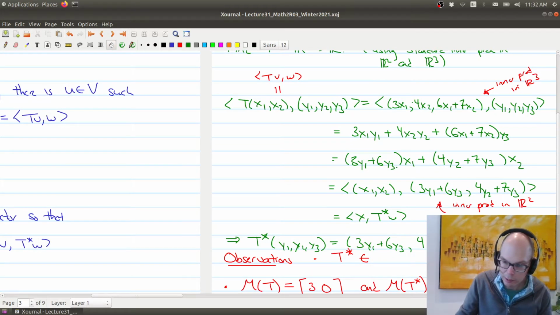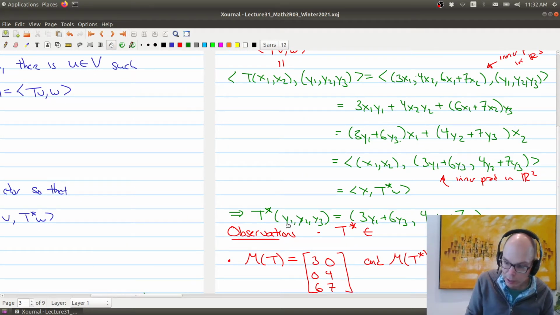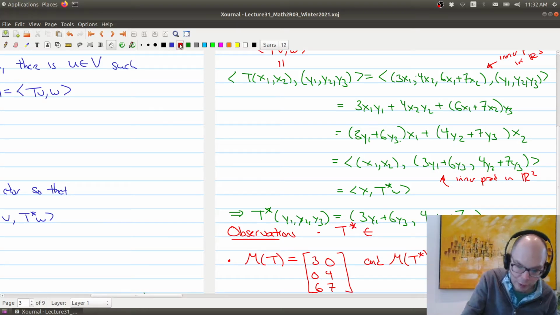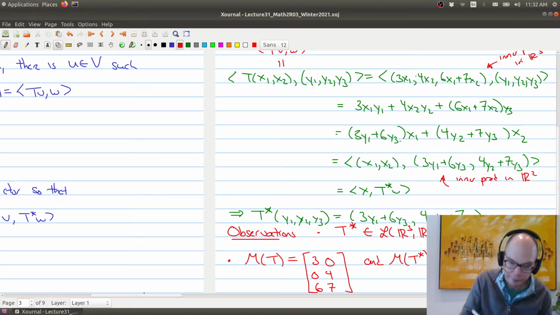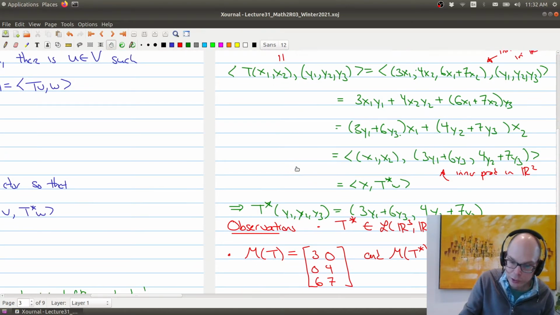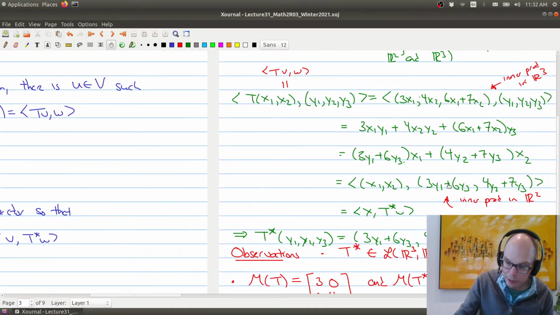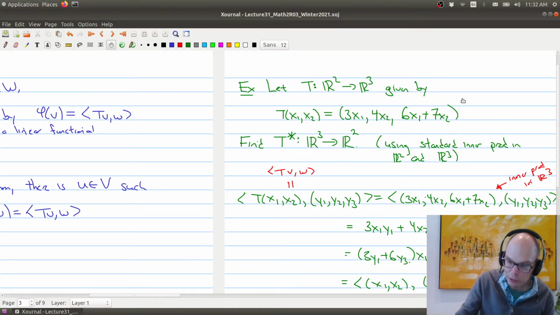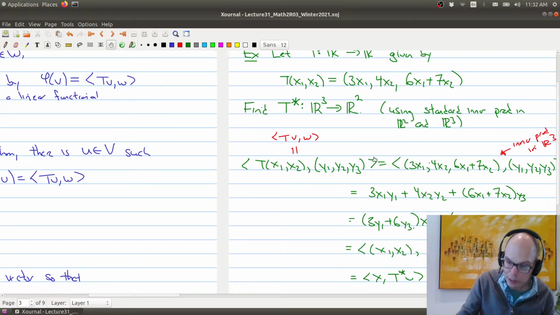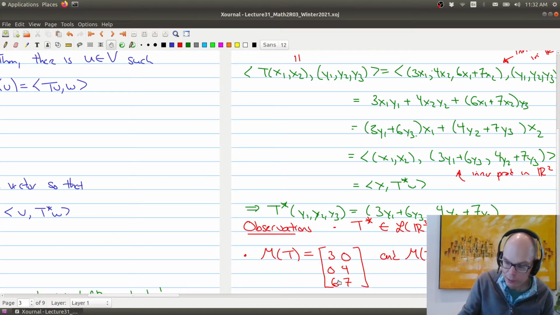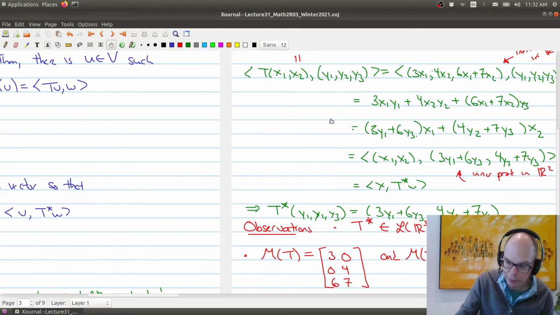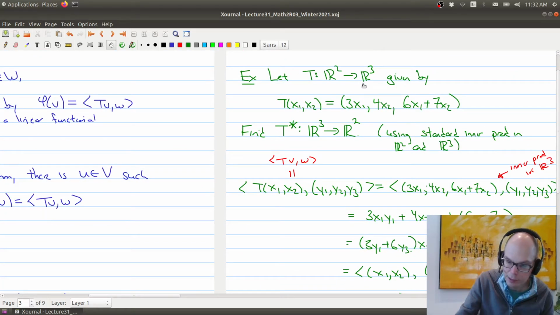Now, some observations which are going to drive what we talk about in the rest of the lecture. First of all, we notice that this new map is actually a linear map from R3 to R2. And probably the more interesting observation is that the matrix associated to this linear transformation is 3, 0, 6, and 0, 4, 7, because the first basis element gets sent to (3, 0, 6), and the second basis element gets sent to (0, 4, 7).